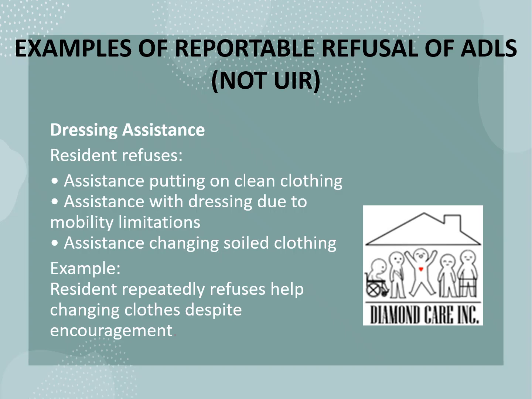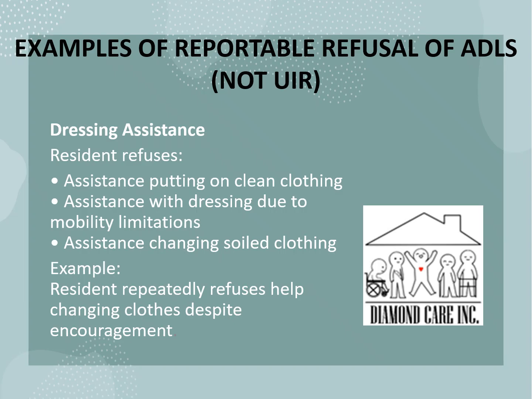And then, changing soiled clothing. Sometimes our residents get that favorite piece of clothing, especially when they have advanced stages of neurological inefficiencies. And so, no, this is not a UIR report event, but it is a reportable event on the refusal of ADLs.